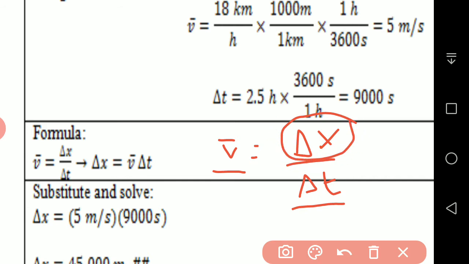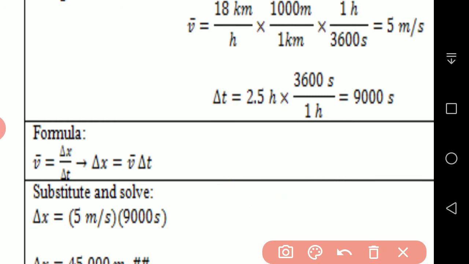Minamanipulate natin itong formula para ito lang yung lalabas on the left side of the equation. Pwede tayong mag-cross multiply. Itong change in time pupunta dito sa tabi ng velocity. So, we have average velocity times change in time equal to change in x. Na-isolate na natin yung change in x.